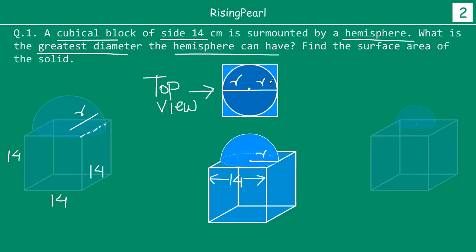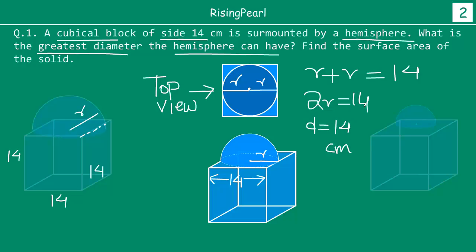So r plus r is exactly equal to 14, and r plus r is nothing but 2r equals 14, and 2r means the diameter. So the diameter is equal to 14 centimeters.